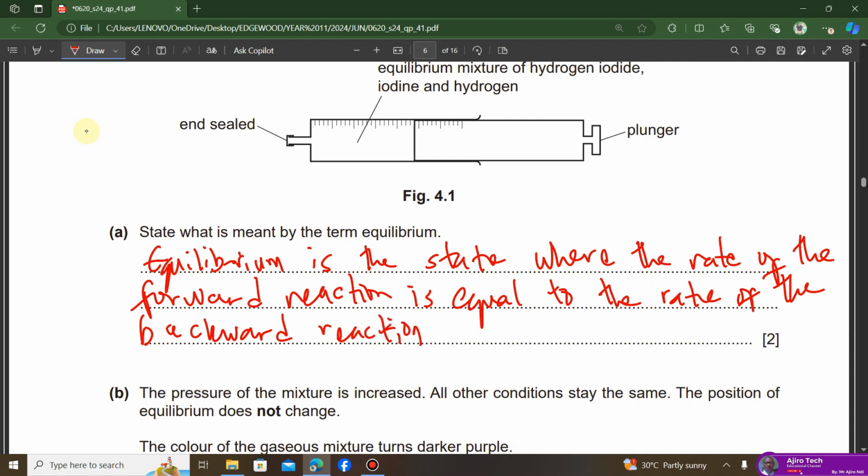Okay, so this is just the first point you need to state to get 1 mark. Remember, it is for 2 marks.